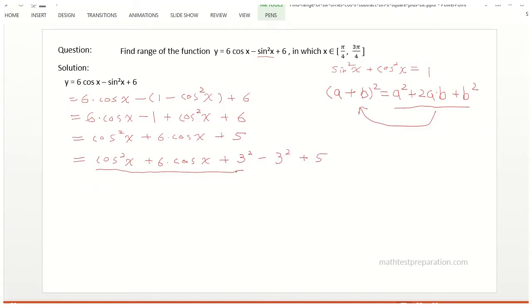So this part equals cosine x plus 3 squared. 3 squared is 9. Negative 9 plus positive 5 equals negative 4. Now we go to the next page.